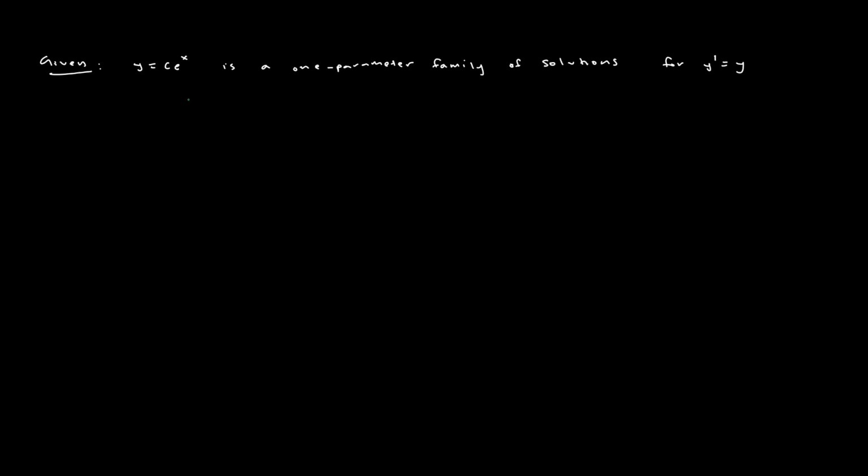One parameter just means you have one variable, c in this case, that can change. And we're saying that our initial condition is y of 0 is equal to 3. Then let's find a particular solution.